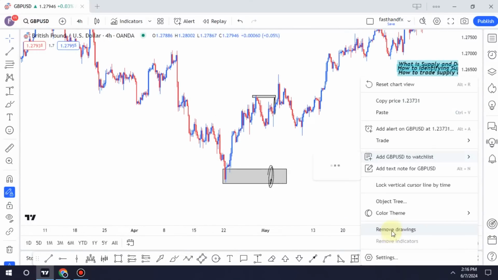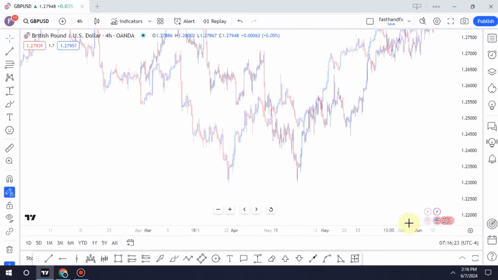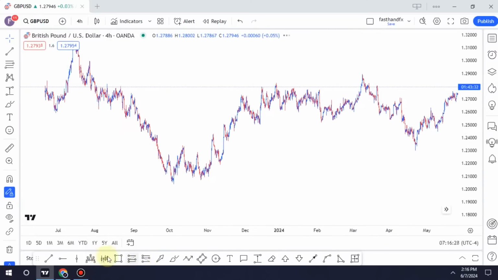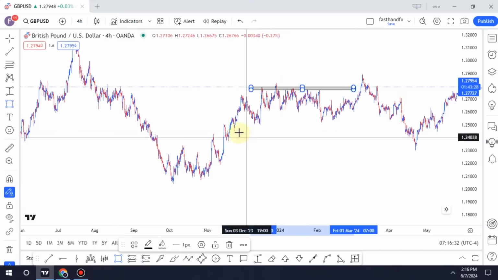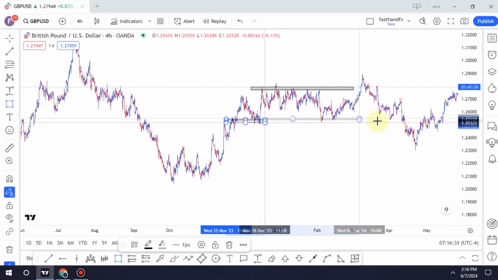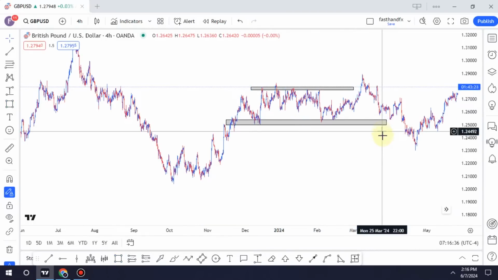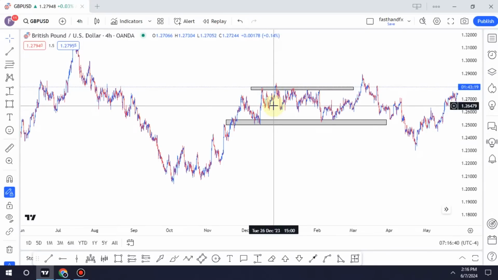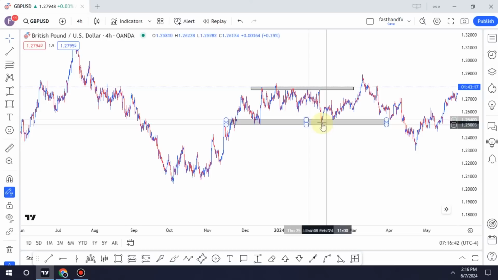Let me remove these ones. If you look at this level right here, we had selling pressure, and at this level too, we had a buying pressure. So you see, anytime price touches this level, it bounces off and goes down, and anytime the price touches this support level or demand level, it goes all the way up.